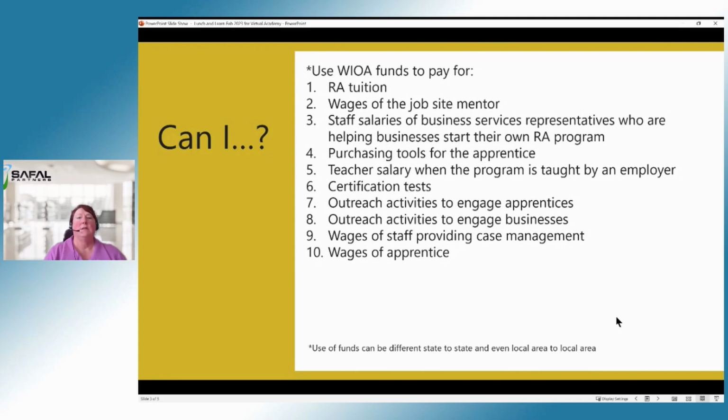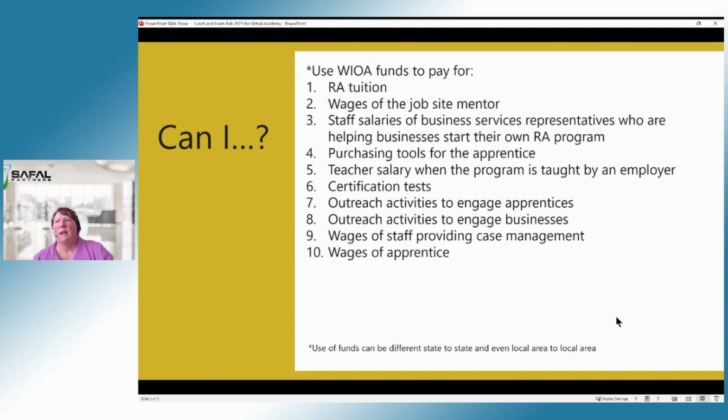So if I'm dealing with someone whose eligibility has been established, they're going to go into a registered apprenticeship program. I want to make sure that I am actually clicking all the boxes to show that I am co-enrolling that person in registered apprenticeship training. And if I'm purchasing tools for them, I'm also showing that I'm doing supportive services for them. Okay.